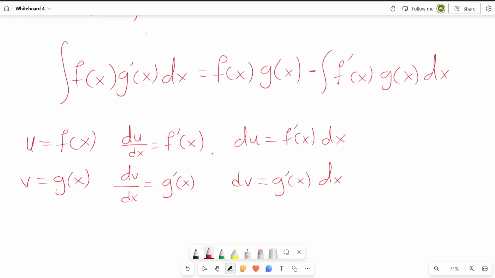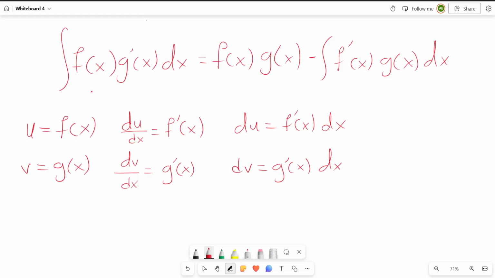So I'm gonna take each term and substitute with u and v. So for the first term, this is f of x, which is basically u. So I'm gonna write this as integration of u, and over here I have g dash of x.